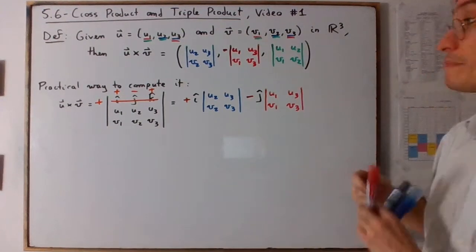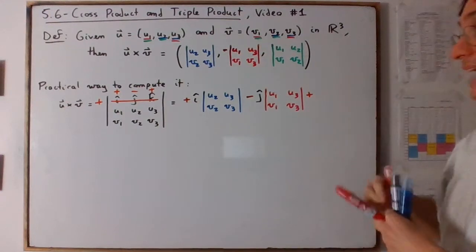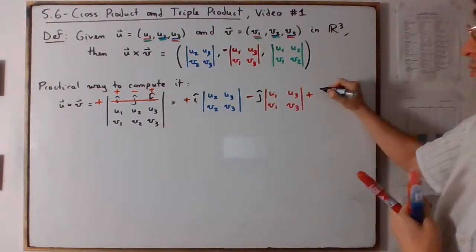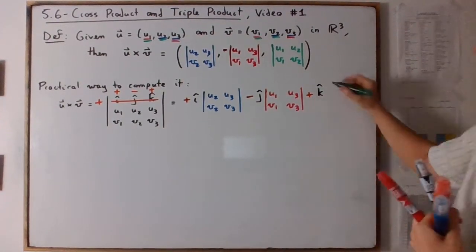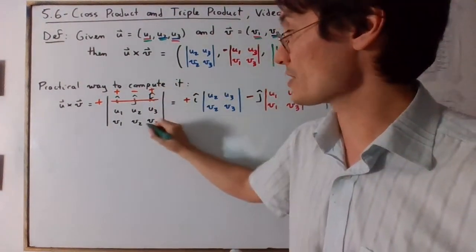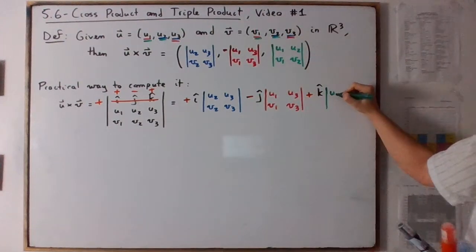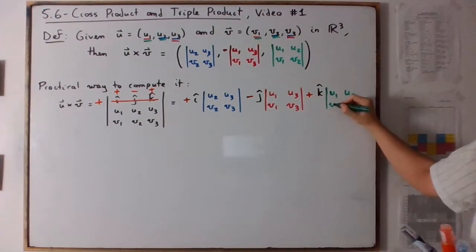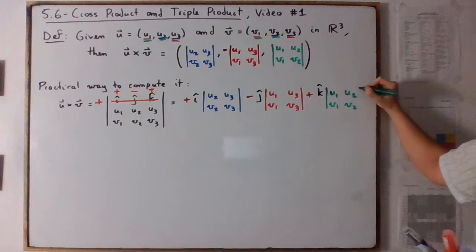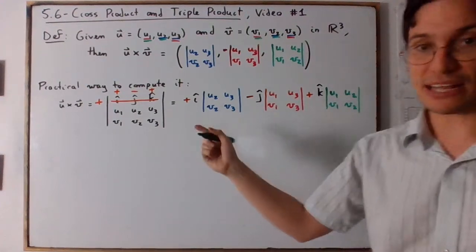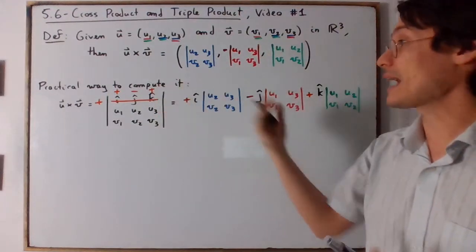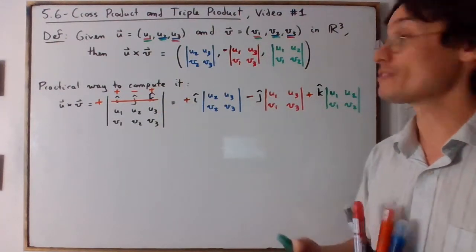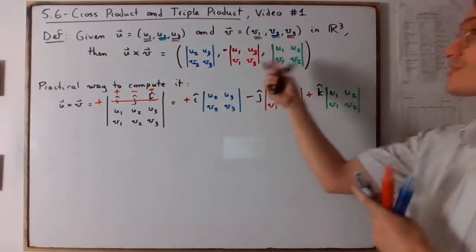And finally, plus k hat multiplied by the determinant where you cross out the third column: u1, u2, v1, v2. So you could calculate the cross product like that, as a way to remember the formula as well, because it's not necessarily intuitive.